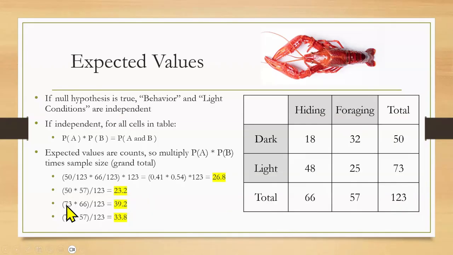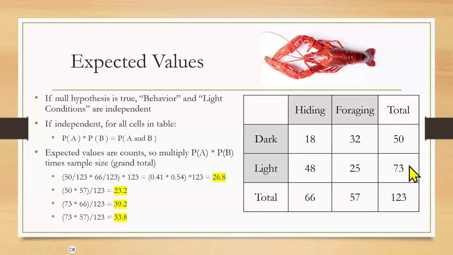Now moving to hiding and light, we're going to have the row first, 73. We don't have a 50 anymore because we moved to the other row. 73 times 66, because we've got light and hiding, divided by 123. They're always divided by the total. And then our last cell, 25, is our foraging and our light count.